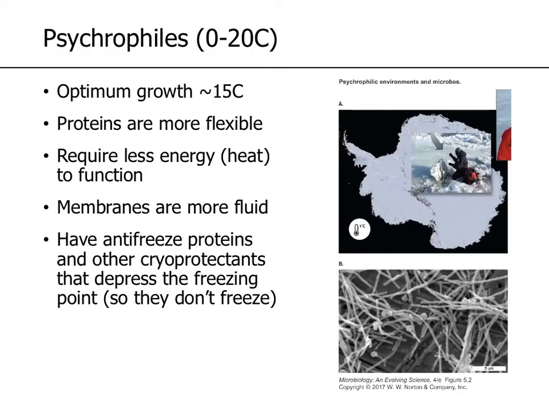All right, so what are some strategies that these different types of bacteria use to actually survive in these temperatures? We'll start with the psychrophiles, the ones that grow in very, very cold temperatures.